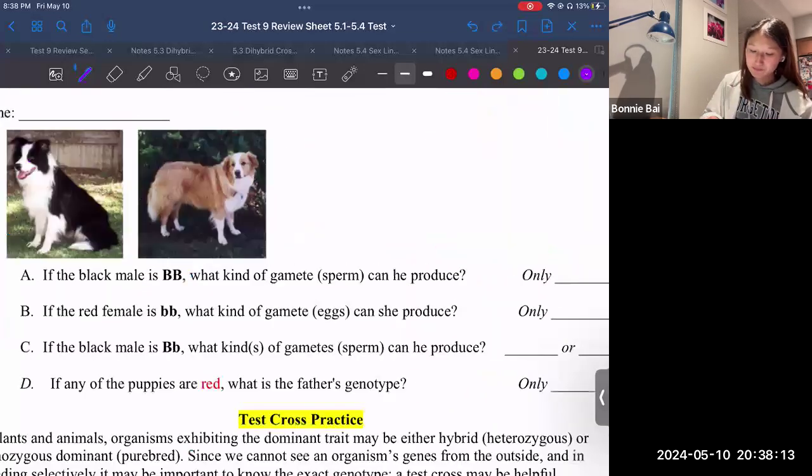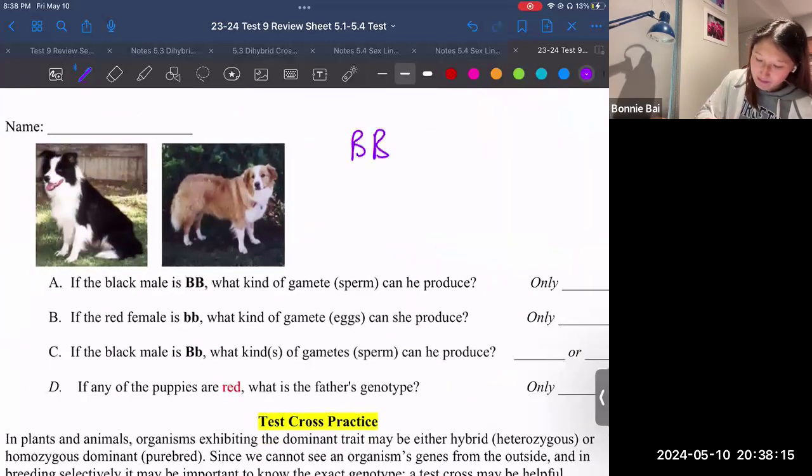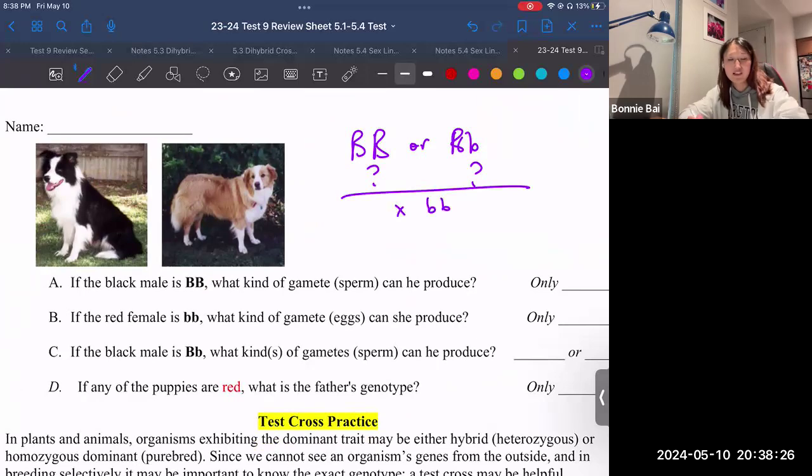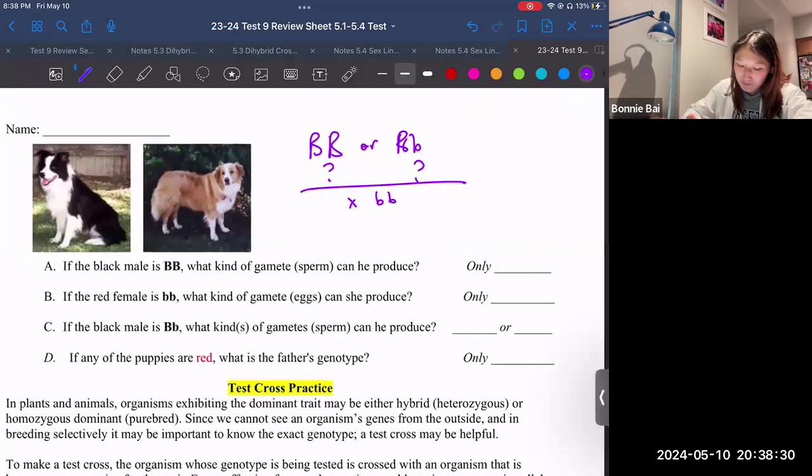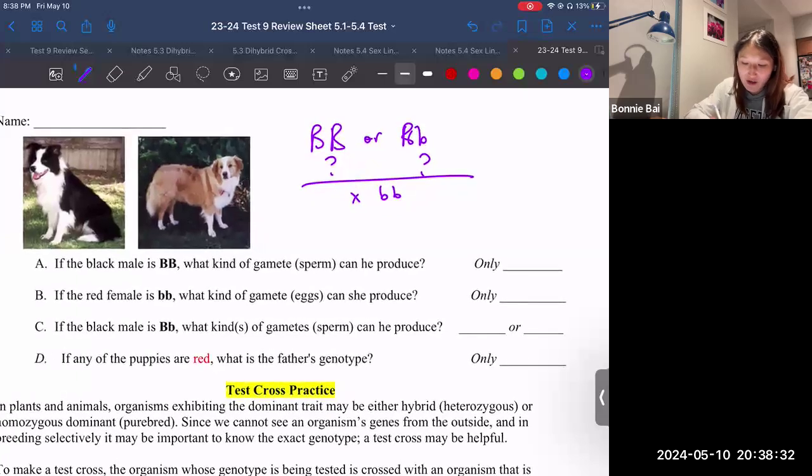See the questions. And once again, we have big B, or big B, little b. We don't know. Is it this one? Is it this one? But we're using this to cross with little b. Look at the dogs. So cute. All right. If the black male is big B, big B, the kind of gamete that it can produce is only big B. Easy.